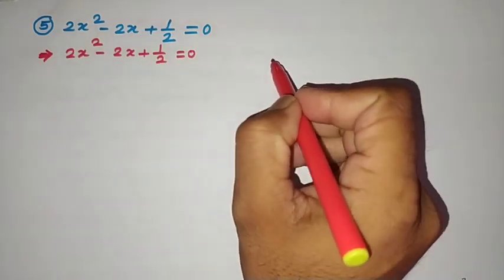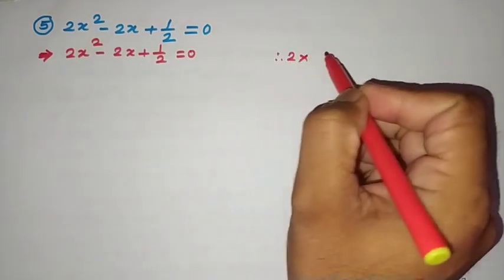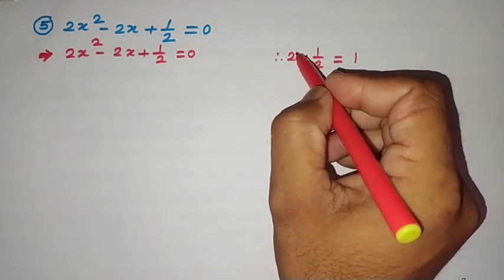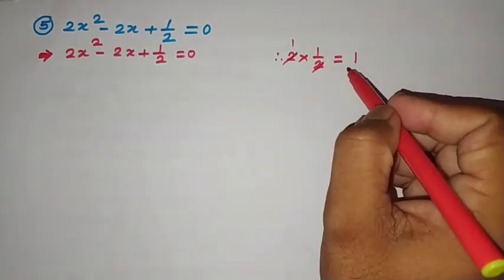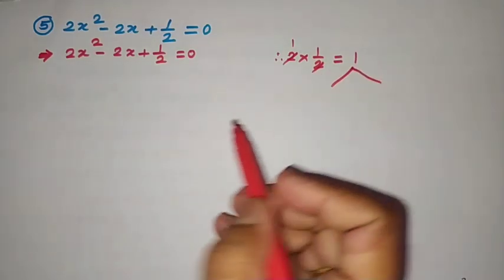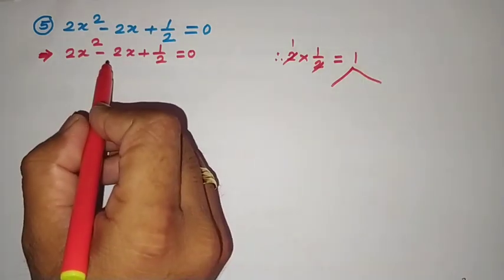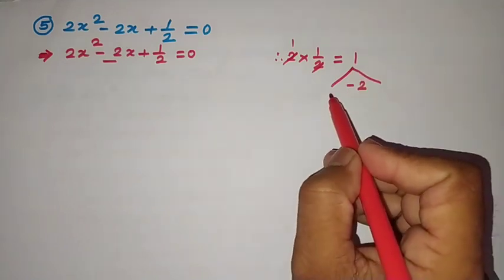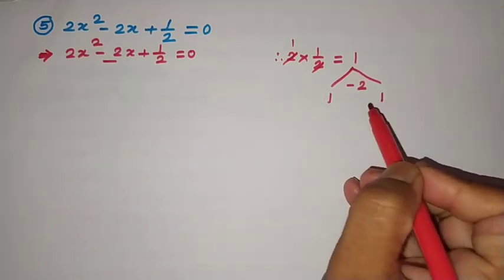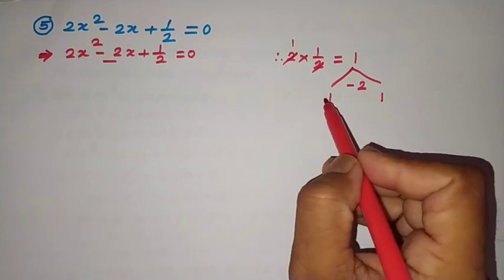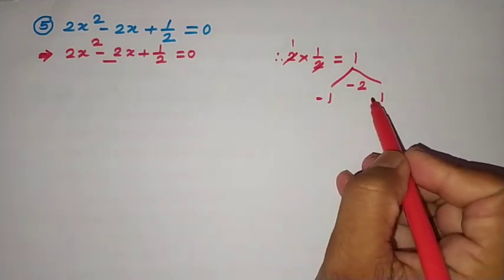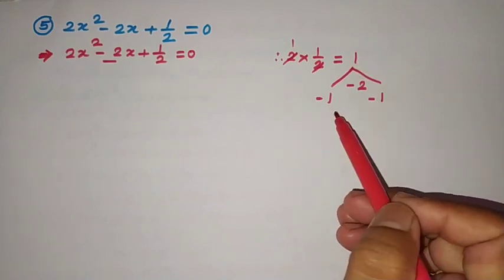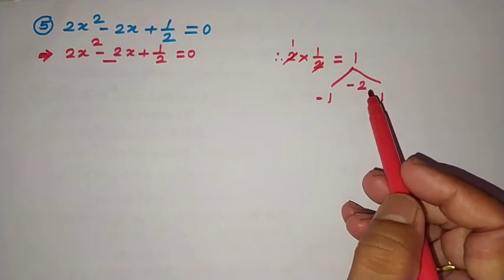Multiply 2 into 1 half, which is equal to 1, 2 cancelling 2. The sum of two factors of 1 is minus 2, and the factors of 1 are 1 and 1. The sum is minus 2, so it gives a minus sign: minus into minus is multiplication plus, and the sum of two minus numbers is minus.